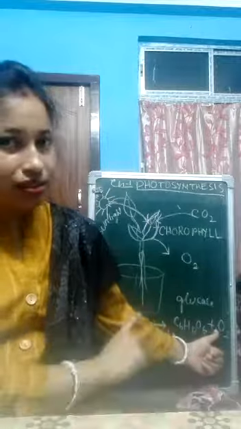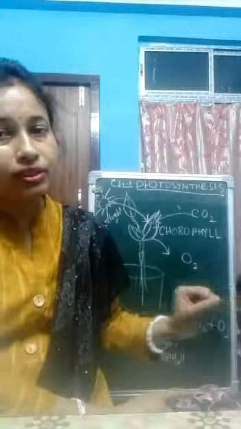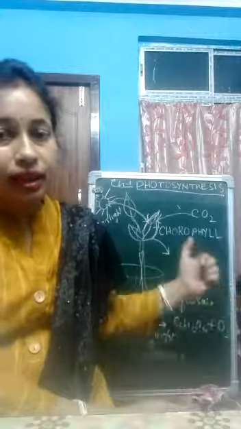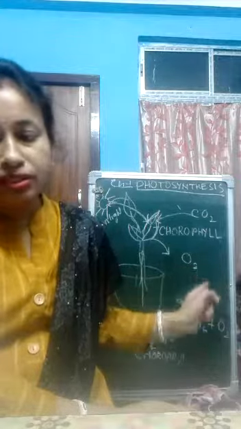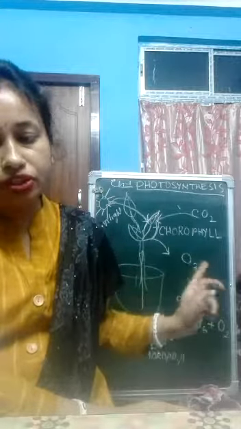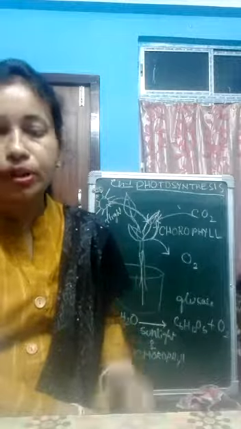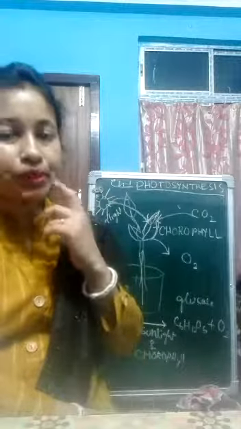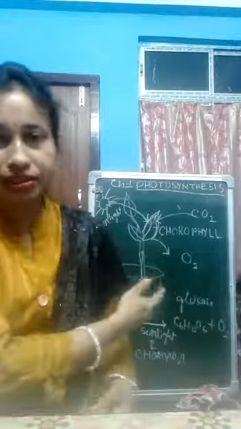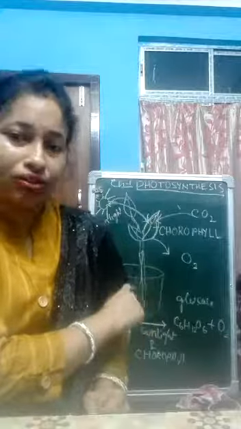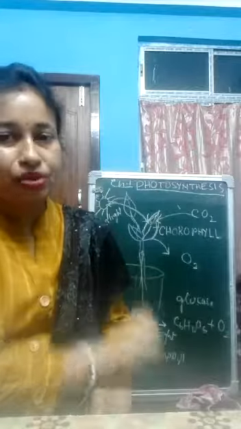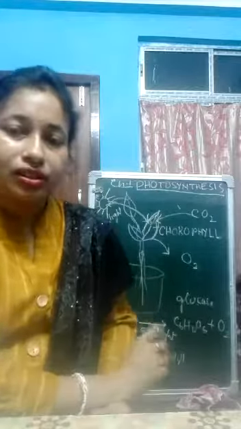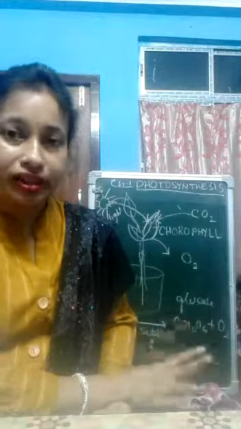And this process is called photosynthesis. So you can say photosynthesis is the process by which green plants prepare their own food by using sunlight, carbon dioxide, chlorophyll and water. So I think photosynthesis is clear now.